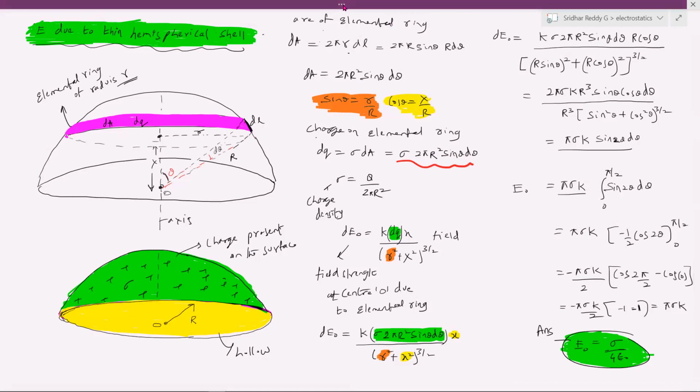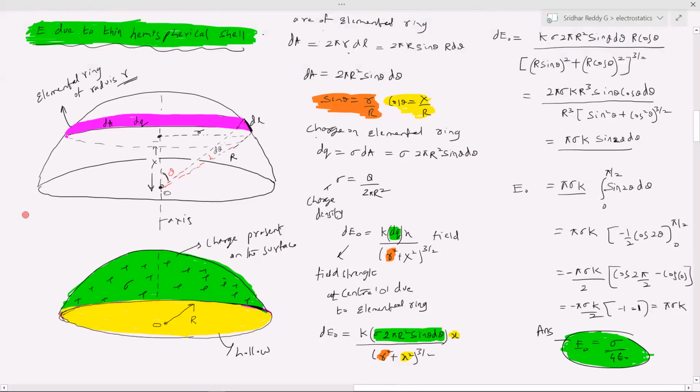Some of you are getting confused, so let me help you. What will be the electric field strength due to the ring?